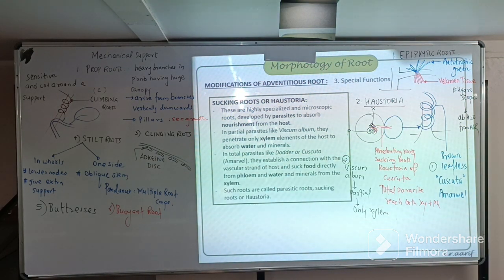All root modifications. How did we start last time? Root system modified into adventitious roots and taproot. Taproot system modified for food storage. It helps to overcome unfavorable conditions, which is called perenniation. Food is stored in the primary root. Now tell me which root it is.